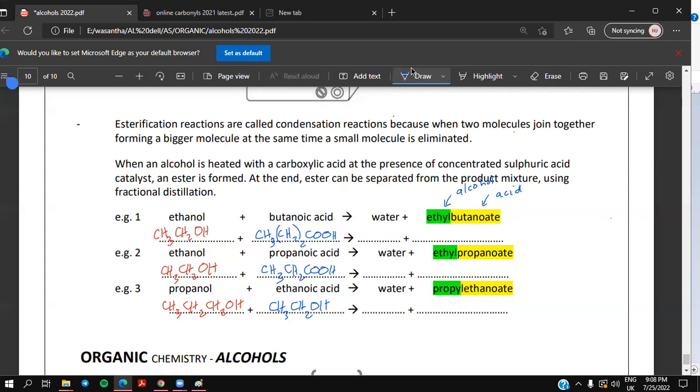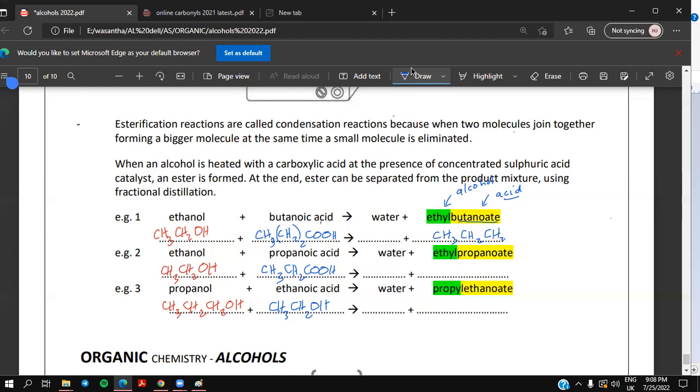When you draw the structure of the ester molecule, it is not necessary to show the alcohol part first. So I'll start the work with carboxylic acid first. Carboxylic acid part is butanoate. Butanoate means 4 carbon atoms. So I'll start with this. CH3, CH2 twice, CH2, CH2, and then we have COOH.